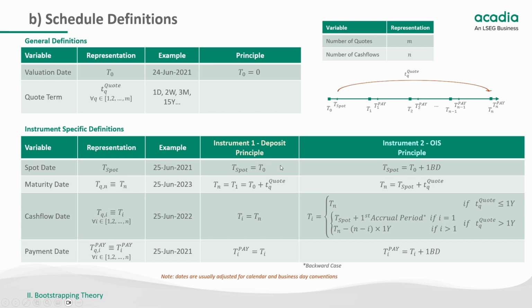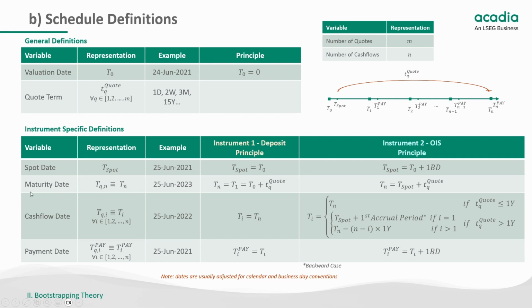For the OIS instrument, as we're going to look at, it's 1 business day after the valuation date. And so as the settlement date, this is the date from which or to which, depending on the trade, cash flows are forward or backward, from which or to which the cash flow periods are created. If you look here, T spot to Tn.